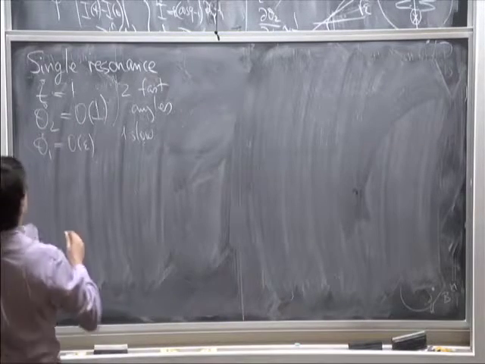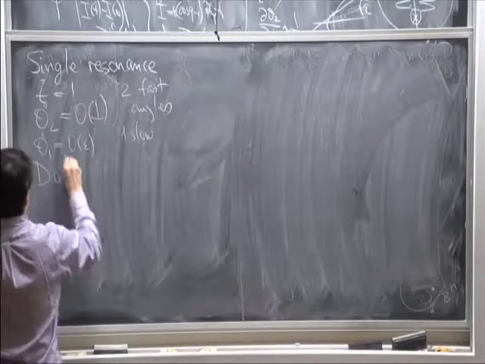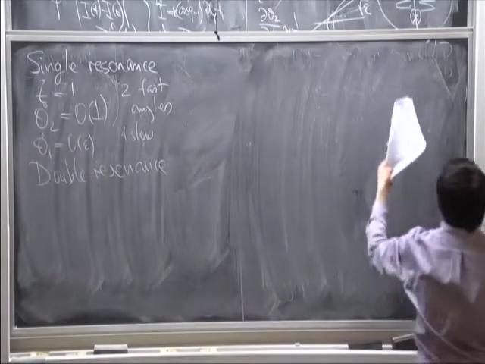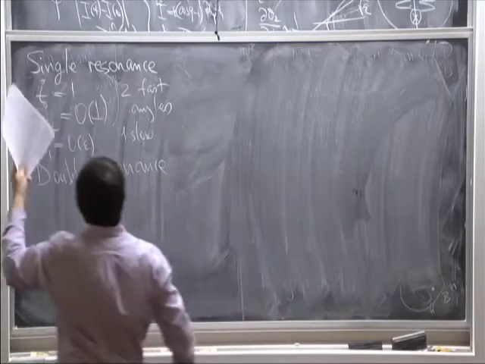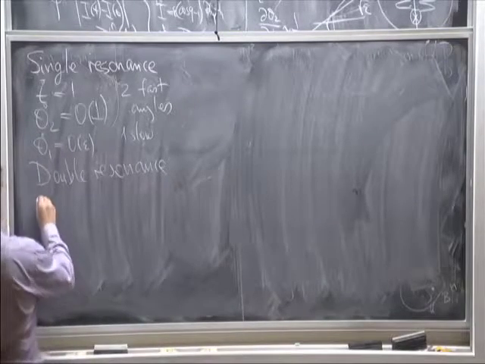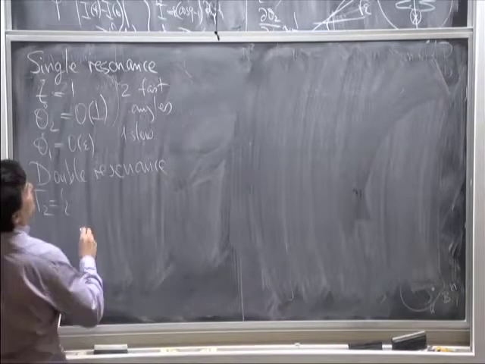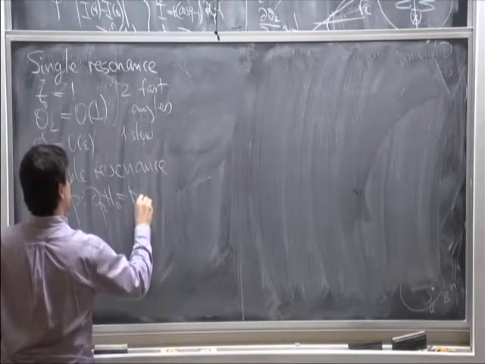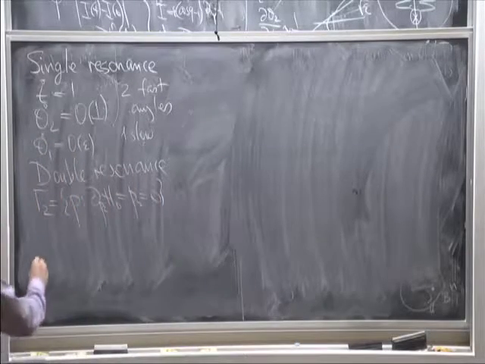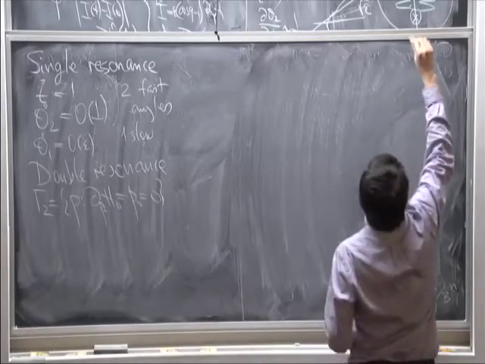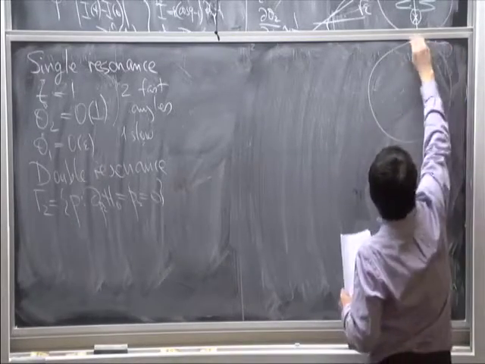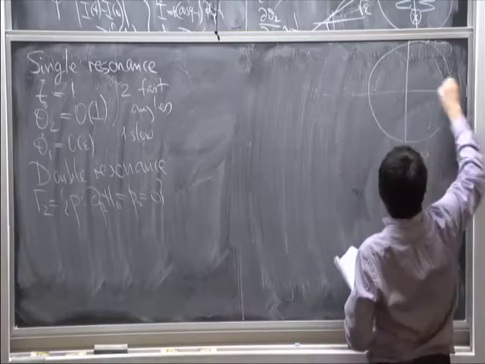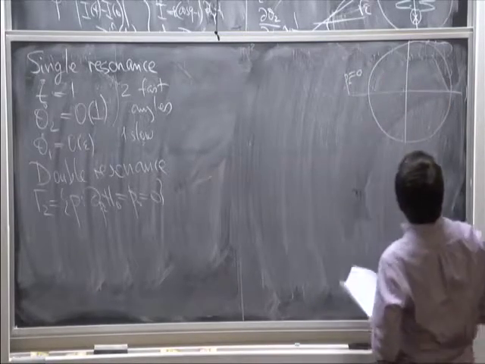Now let me tell you what is a double resonance. Since I want to diffuse everywhere, and this is necessary for the second theorem, let me look at the gamma 2, which is given, for example, by d p2 h0 equal to p2 equal to 0, and let me look at the intersection point. So I'll probably redraw the picture. So this is p1 equal to 0. That's p2 equal to 0.